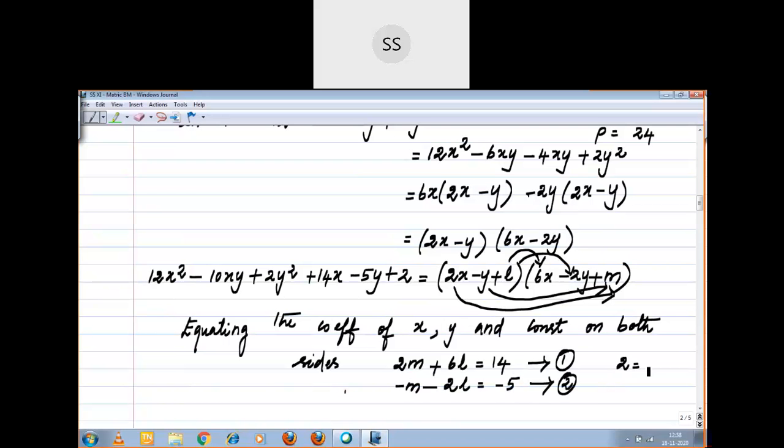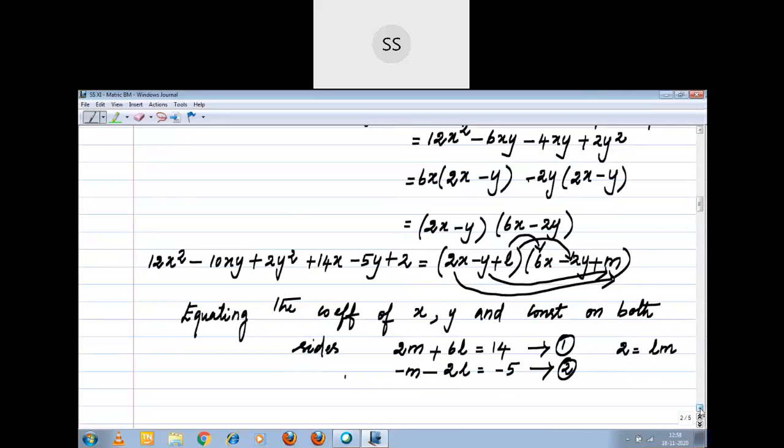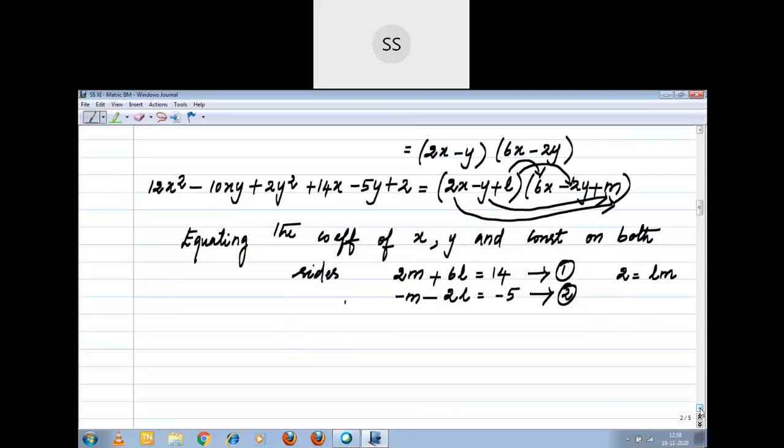That is equation number 2. Right? LM equal to constant. That is 2 equal to LM. Constant. That is equation number 3.